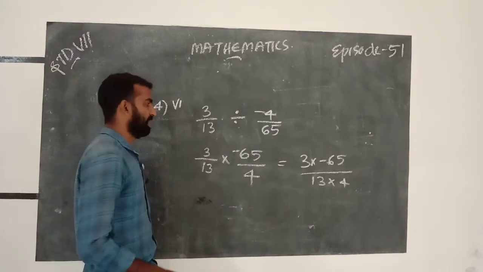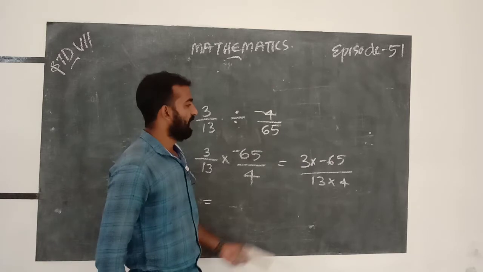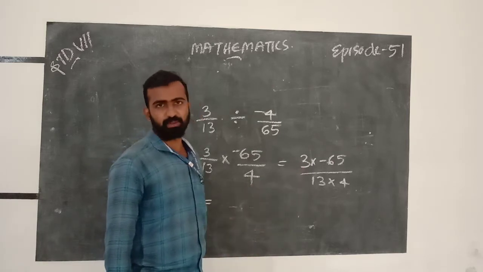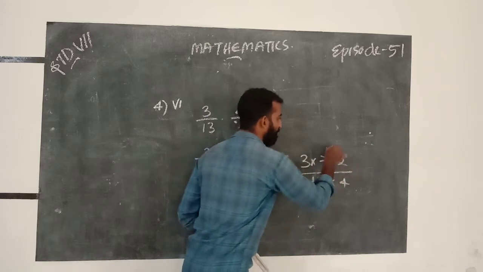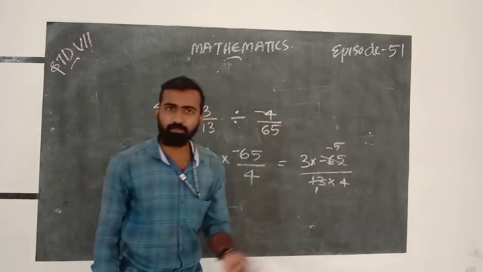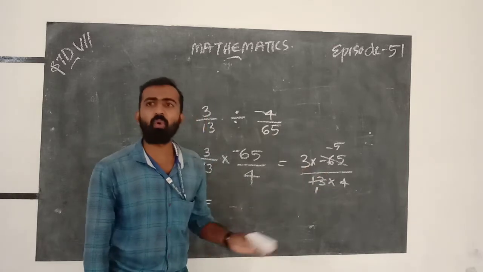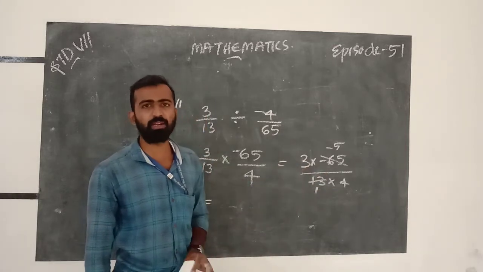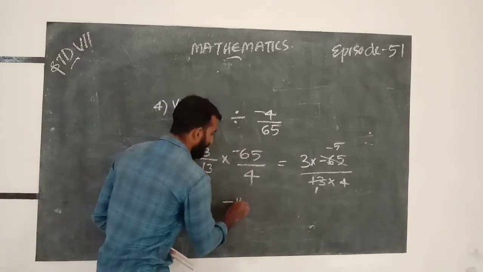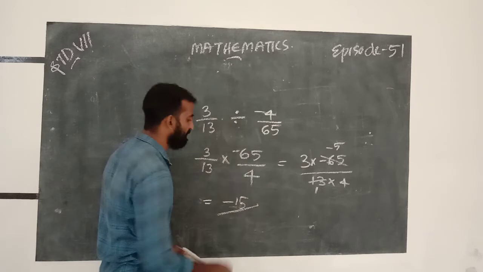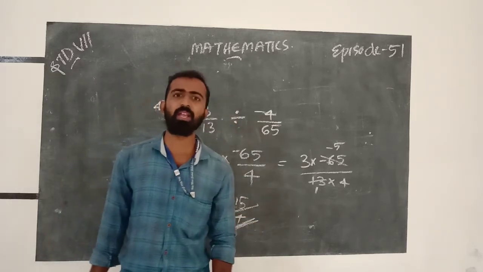Here we can simplify, because the operation is multiplication. So we can simplify the numerator and denominator. So we get negative 15 by 4. The answer is negative 15 by 4.